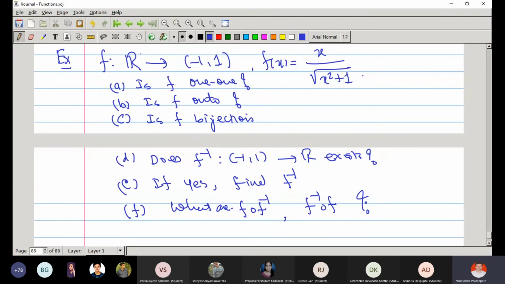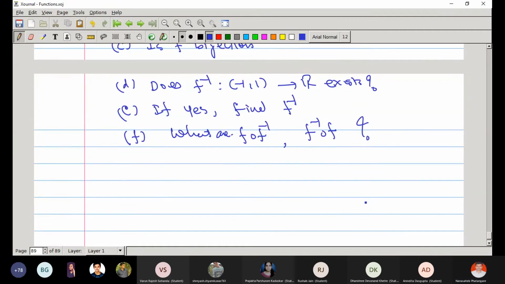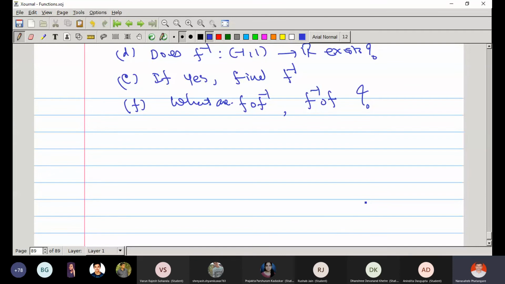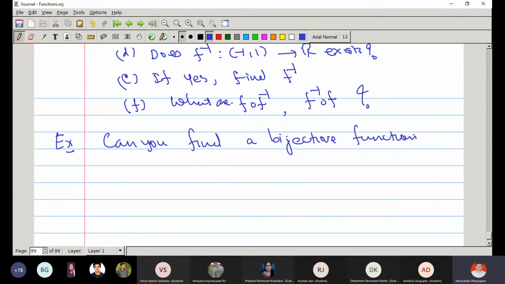Now I will give you one more example. Can you find a bijective function f from the interval (0, 1) to the interval (a, b)? Can you find? Answer is yes.